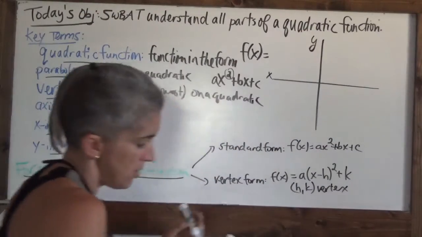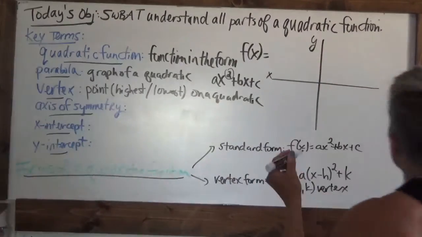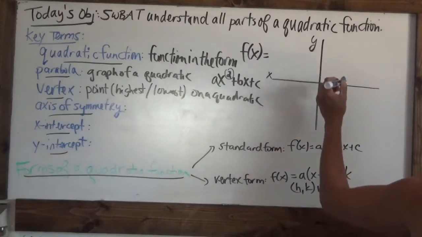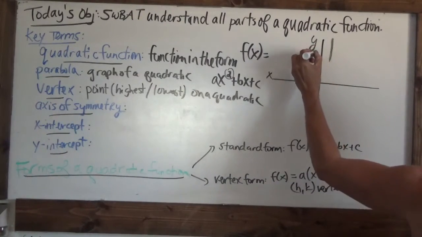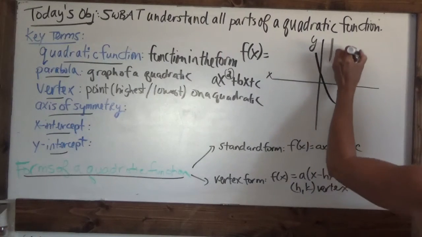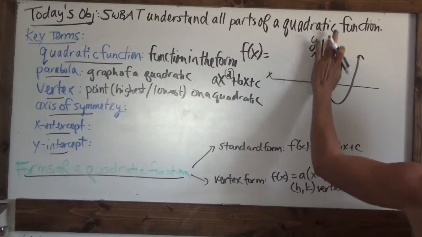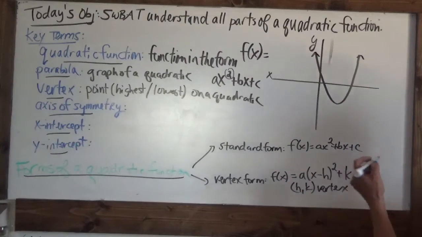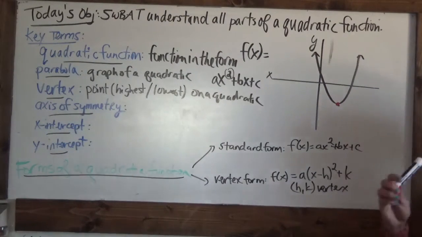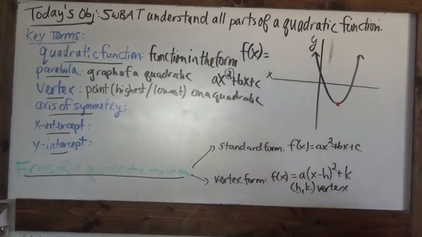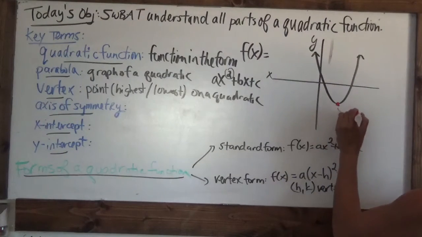And if I was to make a quadratic, however I'd like, let's say I do it like this. Alright, here's my quadratic function. The vertex, here it's the lowest point. It's where the curve moves from high to low or low to high. This is my vertex.